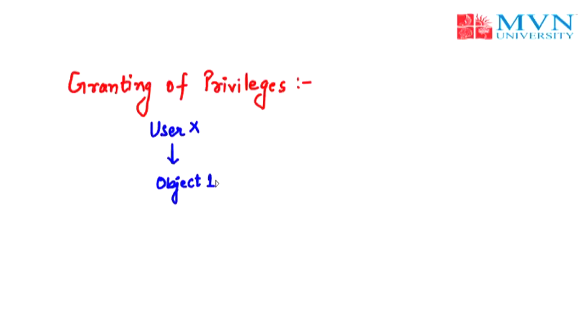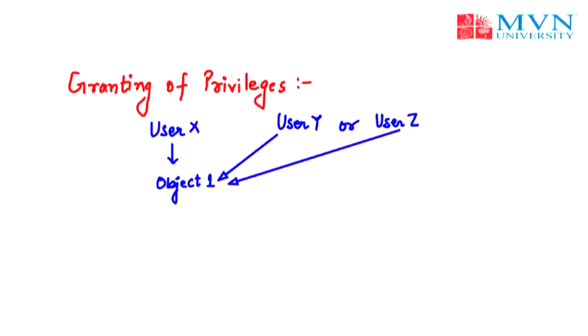Now if there are some other users, say the user Y or user Z, and user Y wants to access the object 1 which belongs to user X, and at the same time user Z also wants to access this object 1, then if they have the permissions from the owner of the object 1, that means from the user X, the granting of privileges is done with the help of grant command.